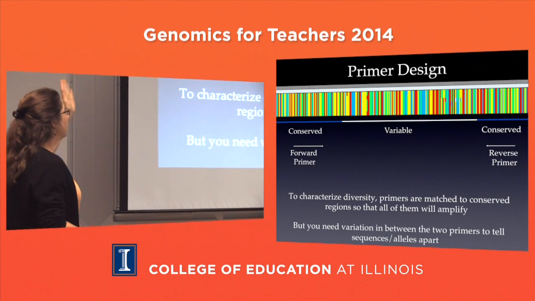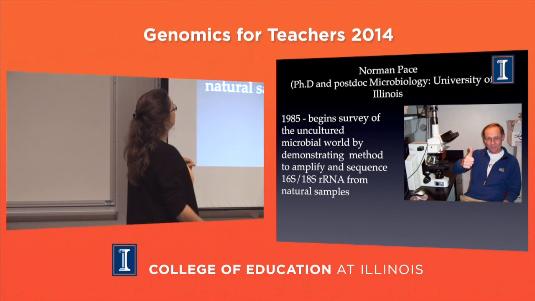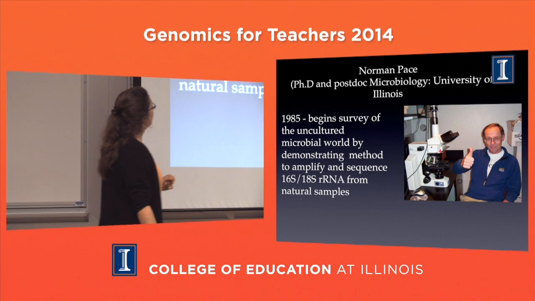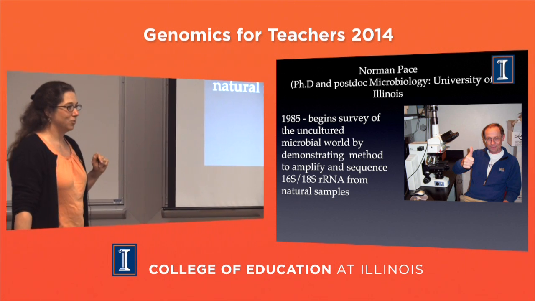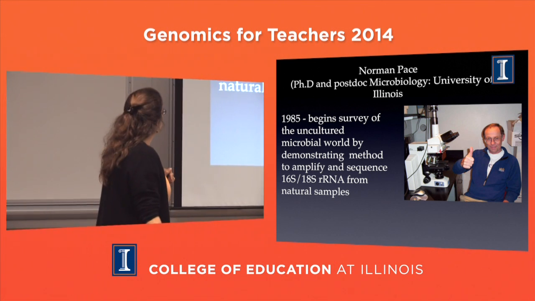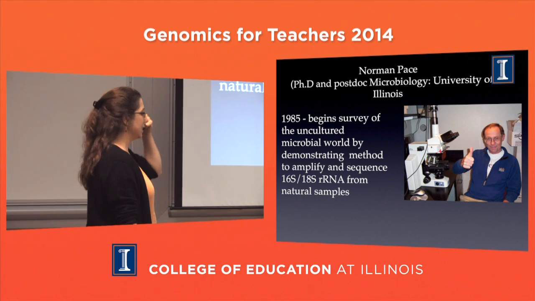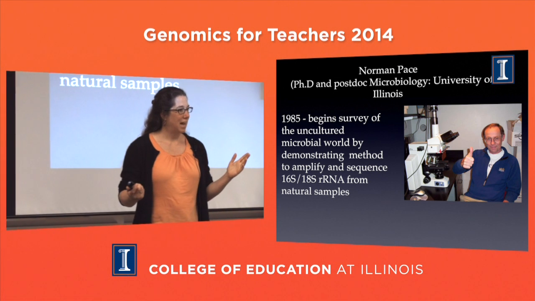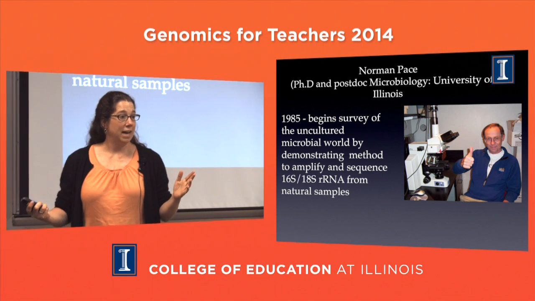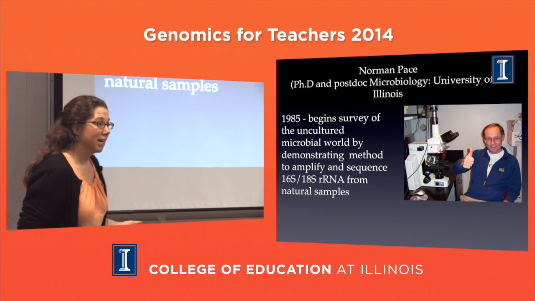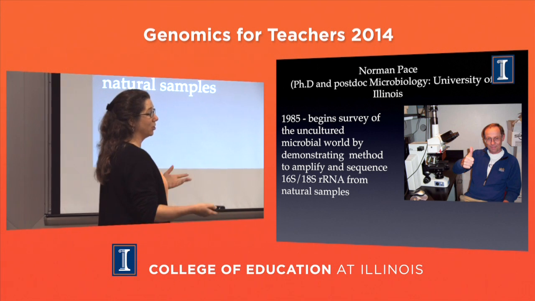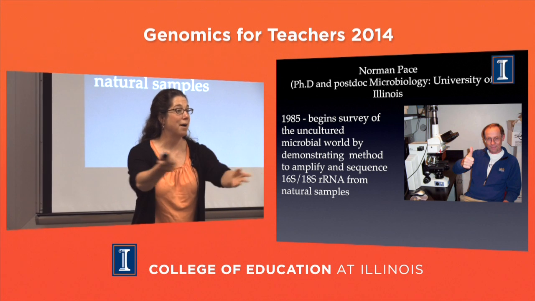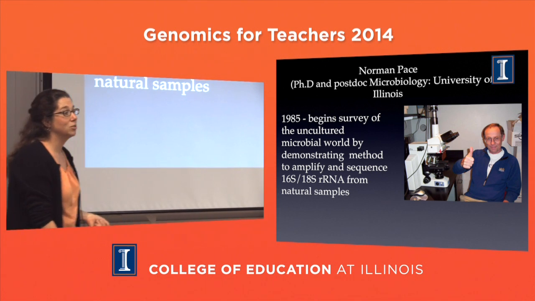Here's an example of how you might do that, which isn't as important to this talk as the point that this man, Norm Pace, who also worked here at the University of Illinois, had this idea that you could use PCR to amplify ribosomal RNA from anywhere you wanted, not just from cultures. And you could compare the sequences you got from those amplicons to that map of cultured organisms that Carl Woese had already made.